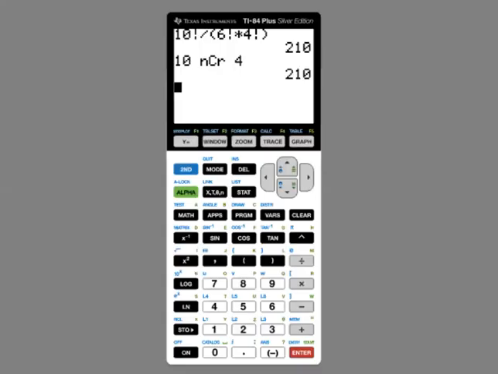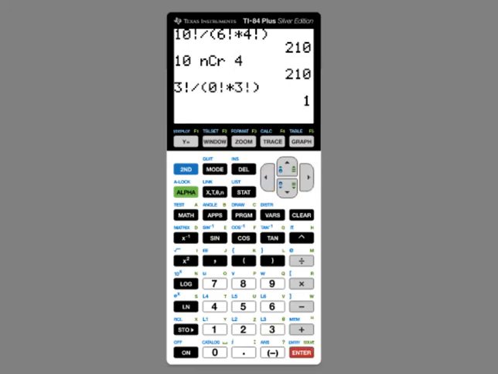The same way, I'm going to recall the previous formula. The numerator is 3 factorial and the denominator is 0 factorial multiplied by 3 factorial. And then hit enter, you're going to get 1.